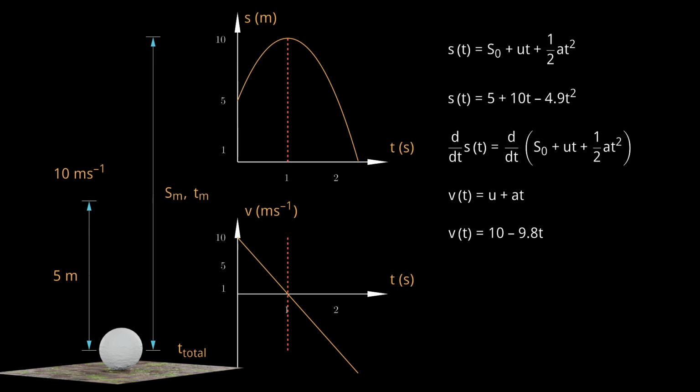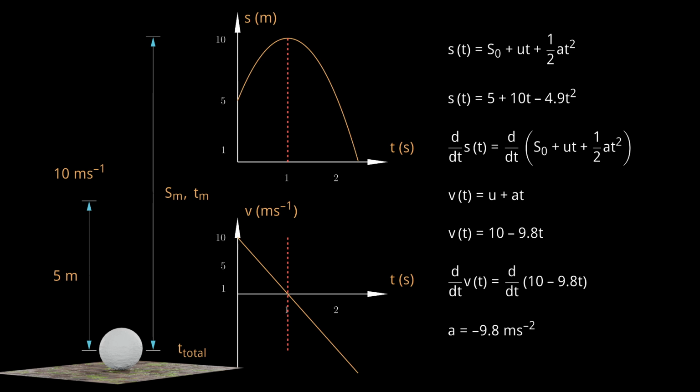Now, what about the gradient of the velocity time graph? By differentiating the velocity equation, we obtain a constant negative value, the gravitational acceleration. This tells us that the slope of the velocity time graph represents gravity, which always acts downward. Since we've defined the upward direction as positive, the gradient is negative.